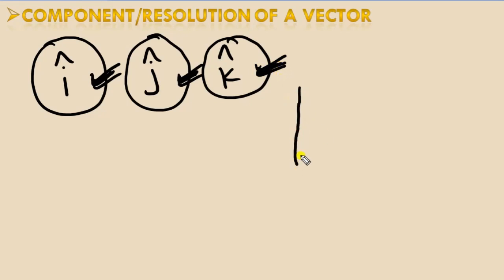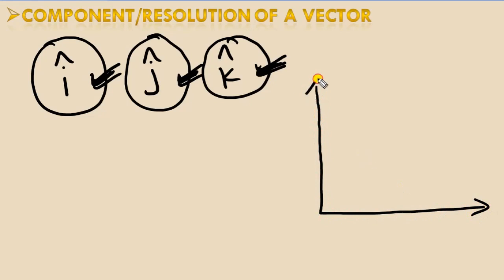Let's first draw the coordinate system, the coordinate axes. Y, x, and let's say this is z. So now we have the x, y, and z axes. Unit vector i means a unit vector along the positive x direction.